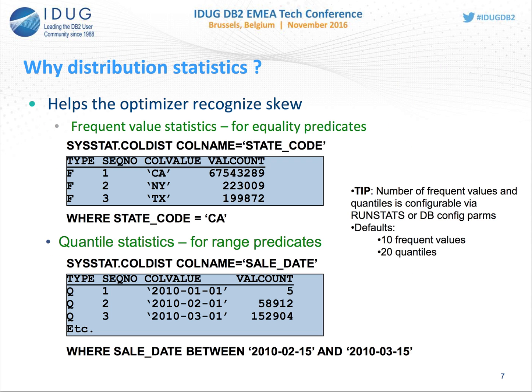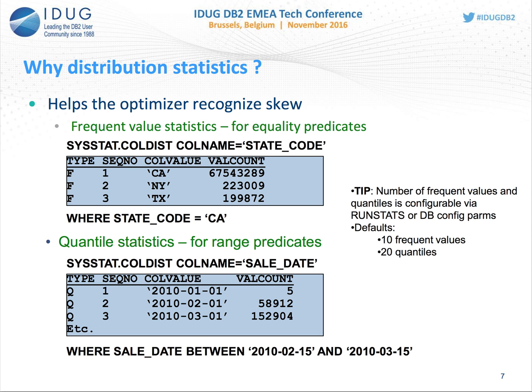So why do I recommend distribution stats by default? First of all, it's easier just to put the WITH DISTRIBUTION clause on the statement. It doesn't really add that much overhead, and most of the time there's skew in the columns, so it's good to have distribution stats. We have two different types of distribution stats. One represents the top most frequent values in a column.